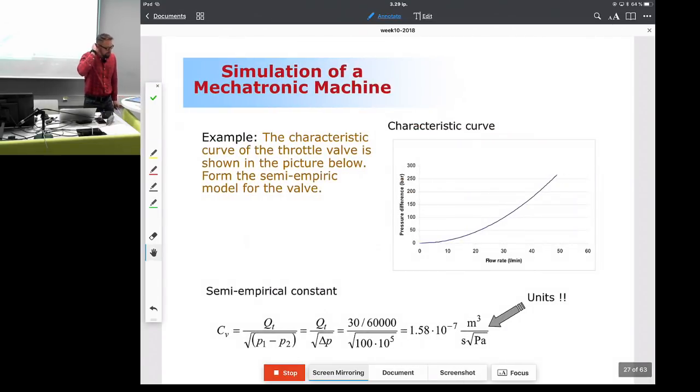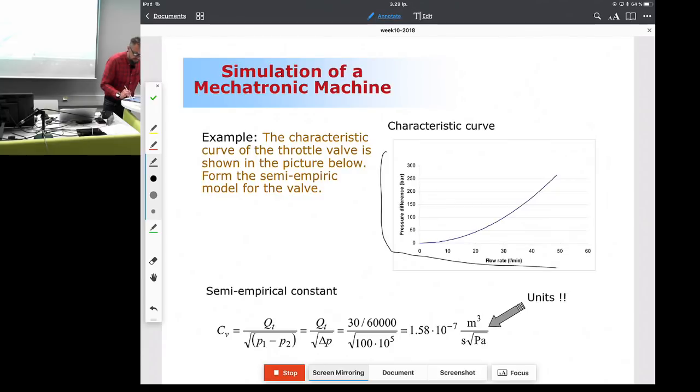Here's an example. This is a little bit of theoretical stuff, but next, what I'm introducing, the direction valve, is material from a real manufacturer's catalog. This is what I made by myself. So I have a hypothetical manufacturer, Aki's company, which makes throttle valves, providing the characteristic curves as shown in this picture.